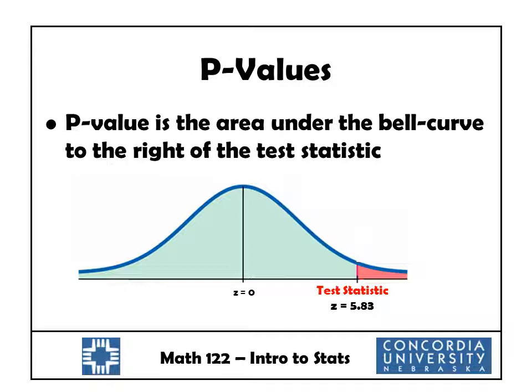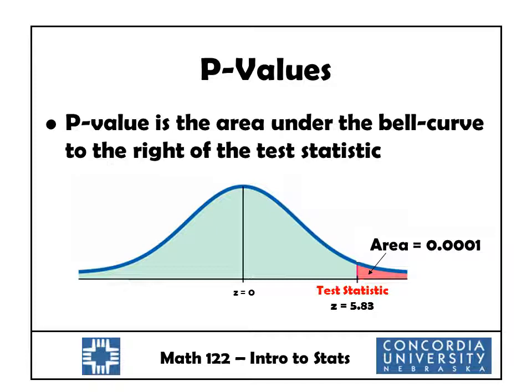I shade to the right because I need to know the probability that z is greater than 5.83, and that area is the probability I want. Now we can look that up from our table. The area to the left of z equals 5.83 is 0.9999, so we'll take the area to be 0.0001. It's actually much smaller than that, but that's our probability.